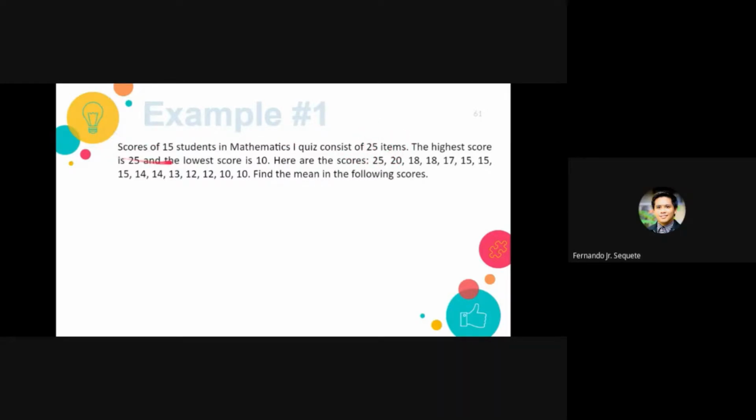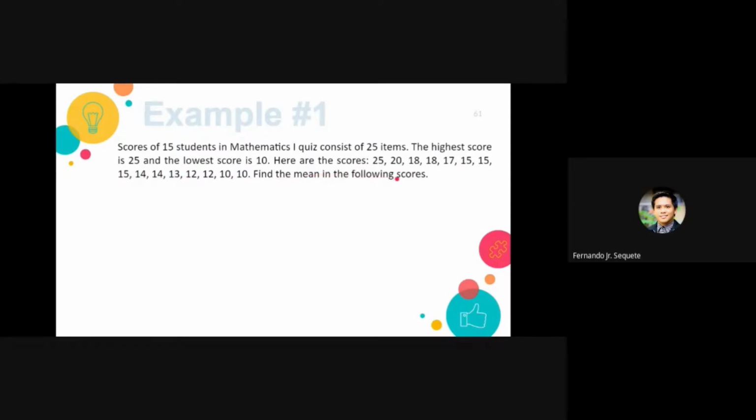Okay? Again, there are scores of 15 students nag-take ng Math 1 quiz na merong 25 items. The highest score is 25. Okay, may naka-perfect. And the lowest score is 10. Here are the scores: 25, 20, 18, 18, 17, 15, 15, 15, 14, 14, 13, 12, 12, 10, 10.